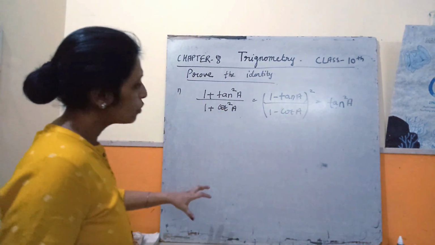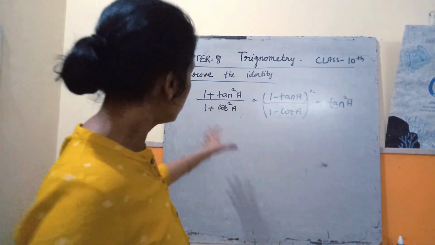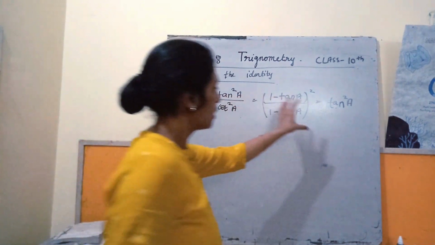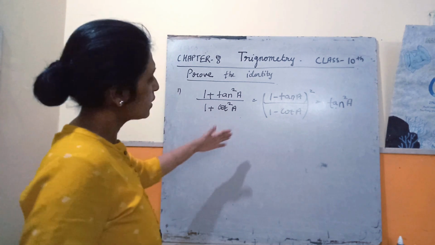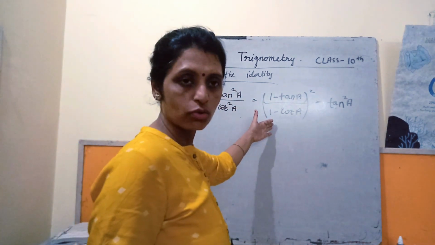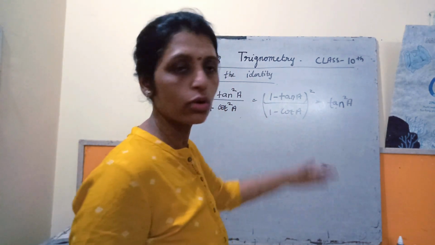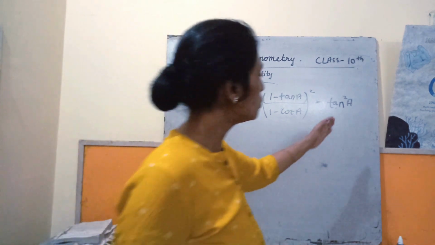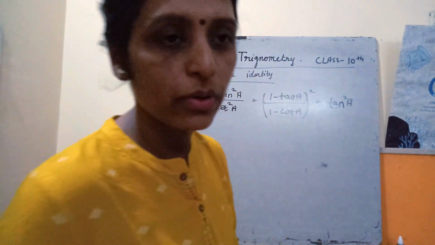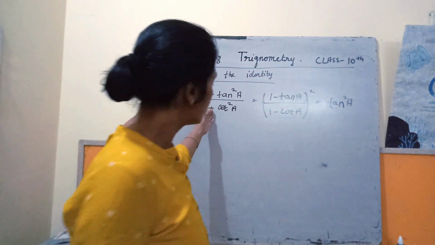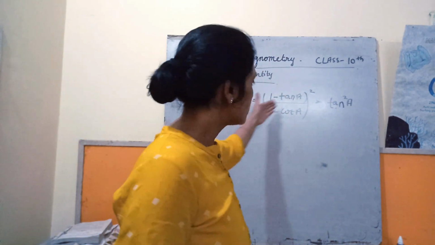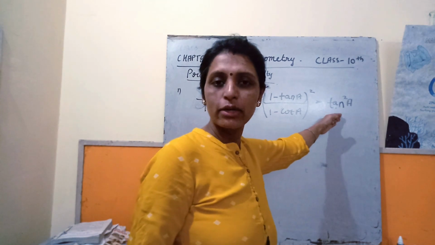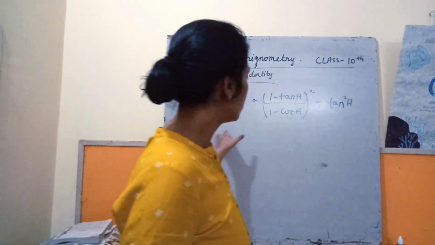So we can solve either; we will take this and prove this right hand side, tan square A. And in the next, we will take ((1 minus tan A) upon (1 minus cot A)) whole square is equal to tan square A. If this identity will be equal to tan square A and this identity will be equal to tan square A, it means they will be equal to one another.